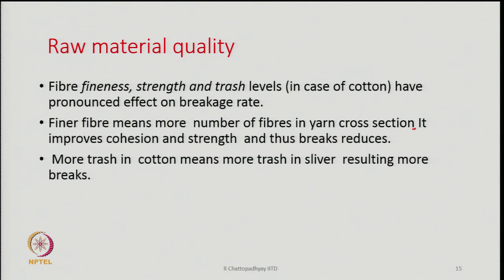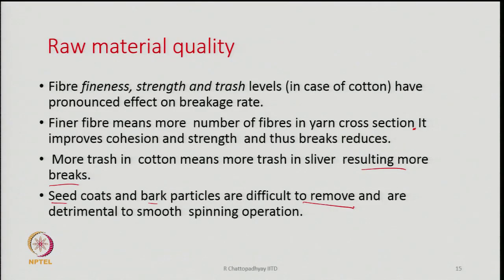More trash in the cotton means more trash in sliver, resulting in more breakages. More trash in sliver means more trash in the rotor also. Finally, rotor will be getting choked very quickly because of presence of too much trash in the sliver, and hence the cleaner sliver is always required.